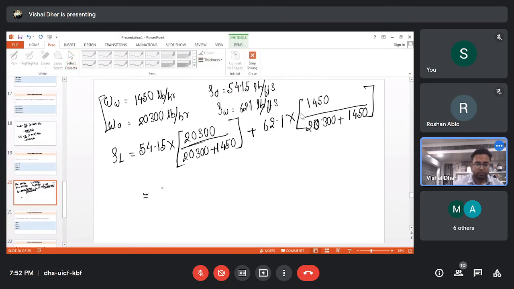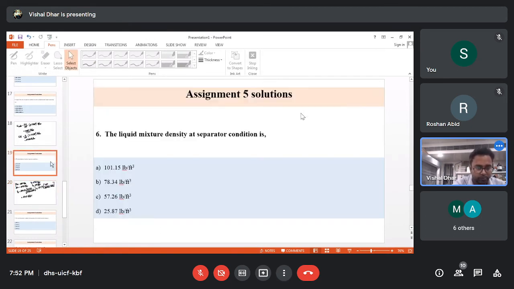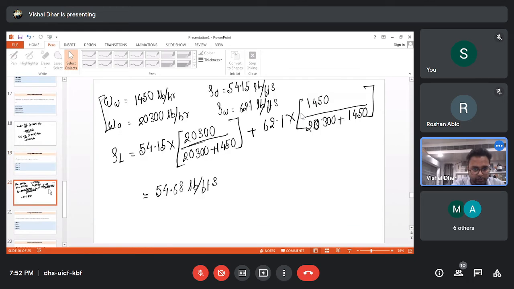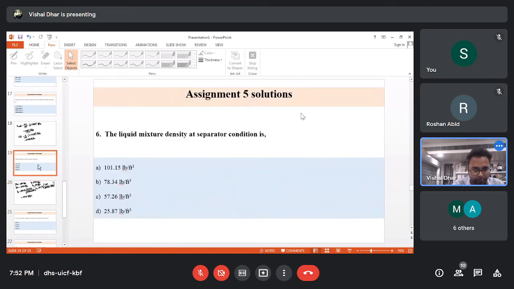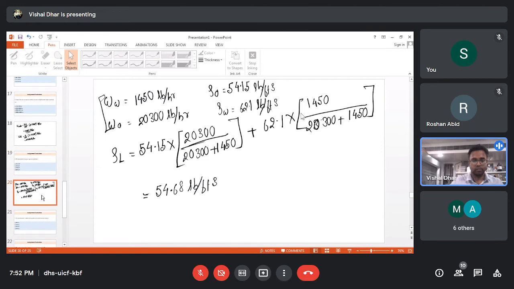If you solve this equation, you will get the answer as 54.68 lb per feet cube. So the correct answer is, let me check once. Yes.